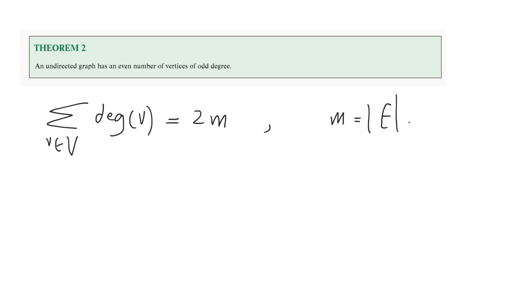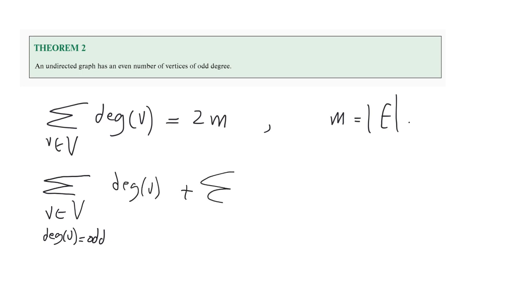I write it as the sum over V in V, all those vertices such that the degree of V is odd, plus the sum of those V's in V where the degree of V is even.